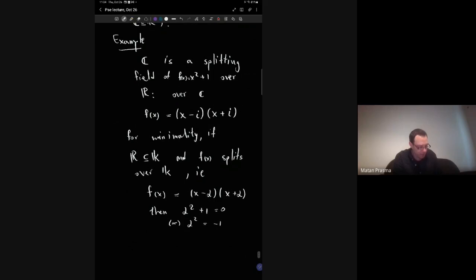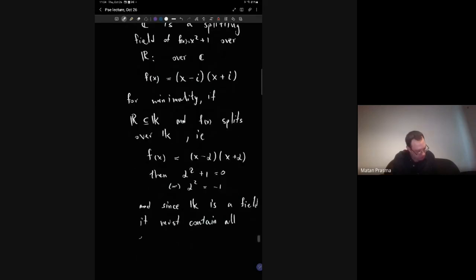And since K is a field, it must contain all expressions of the form, let's say, a0 plus a1 alpha for a0, a1 in R. Right?